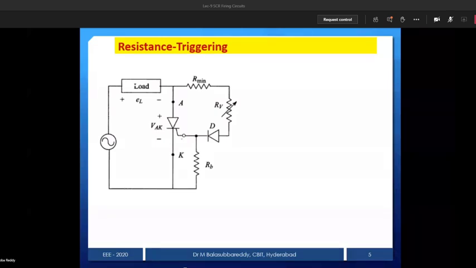That means you are controlling the current through the gate by means of something, and that something here is a resistor. It is very logical thinking. When you add more resistance, how much time will it take to reach Ig minimum? More time. If you add less resistance, it will take less time to reach Ig minimum. That is the only variation here.